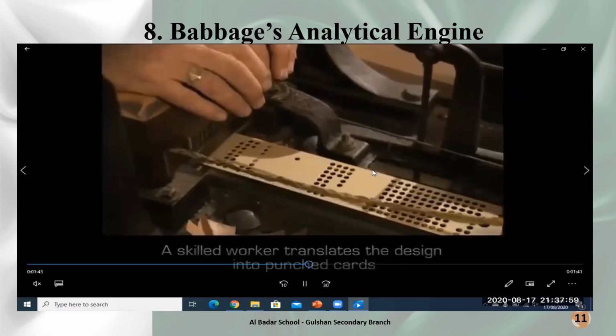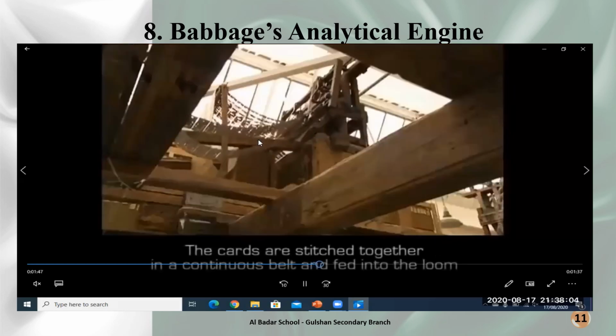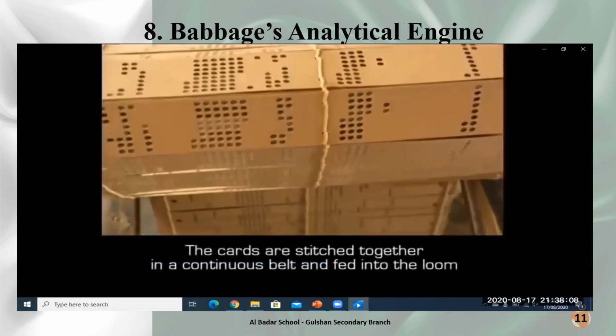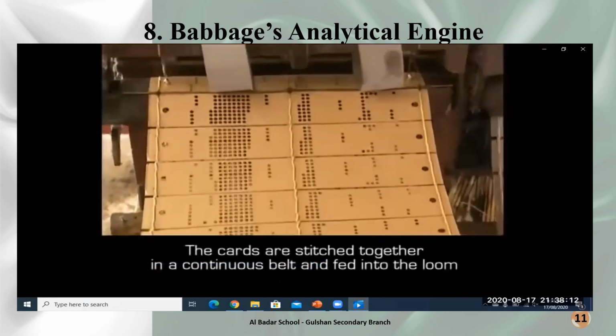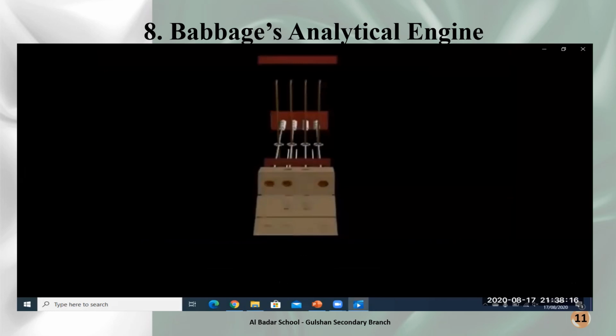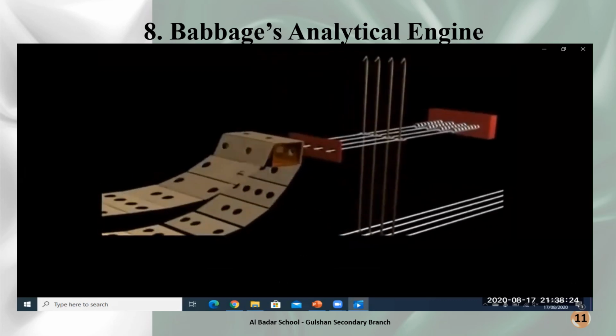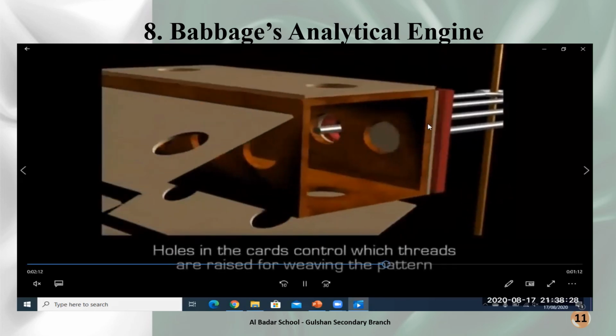So these are the punch cards which you can see. The tables are printed on which we are getting the results. Basically, it was the idea to get the designs, or patterns.